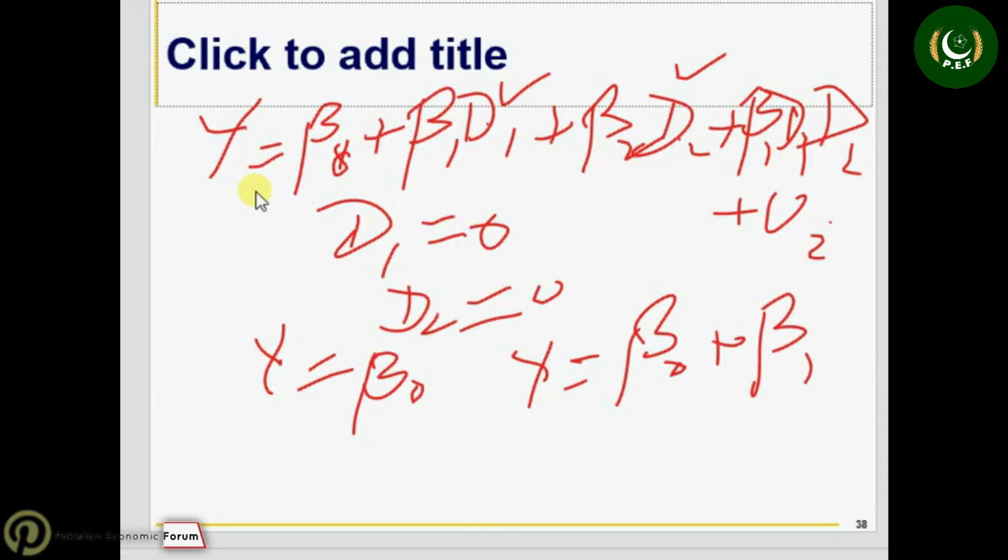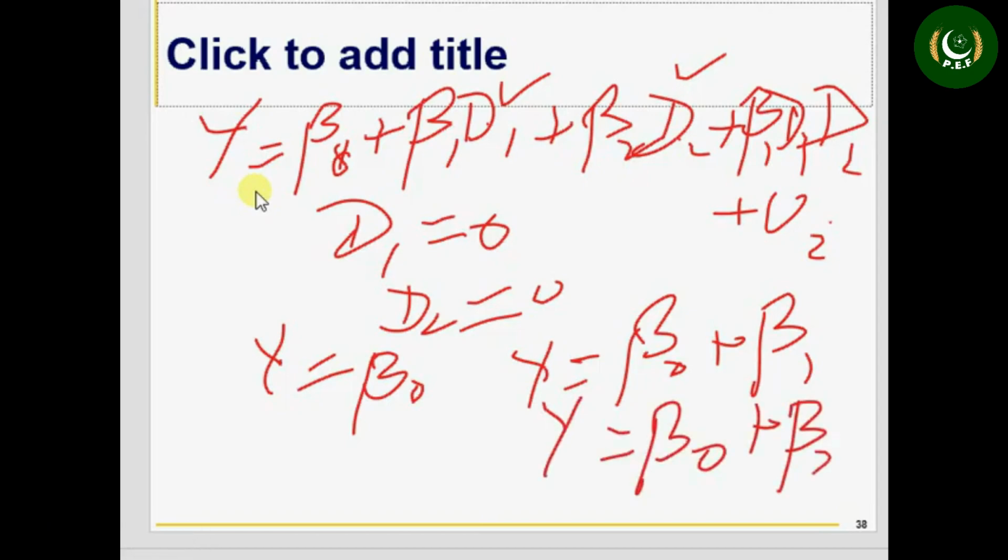Undergraduate and male, that will be equal to beta naught plus beta 2, as d1 is 0.